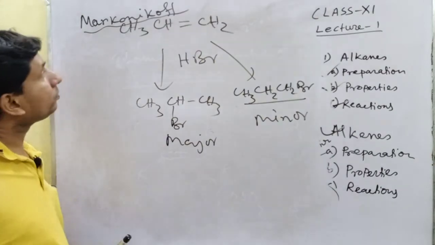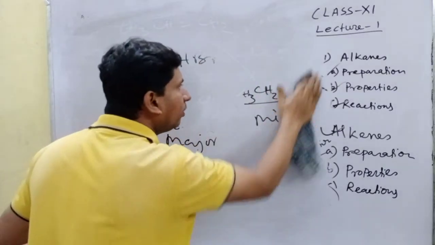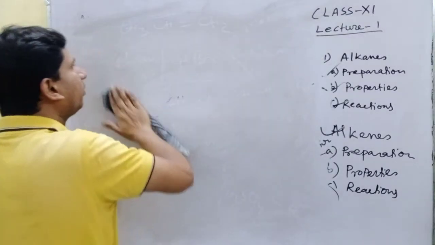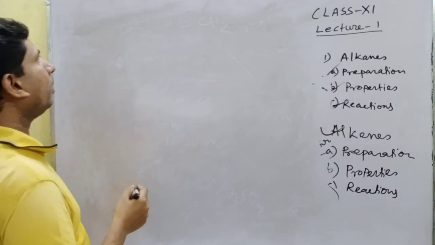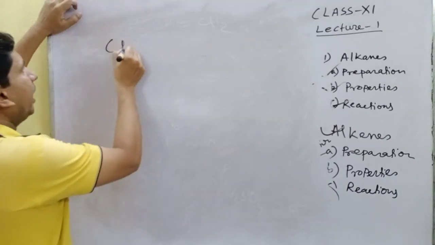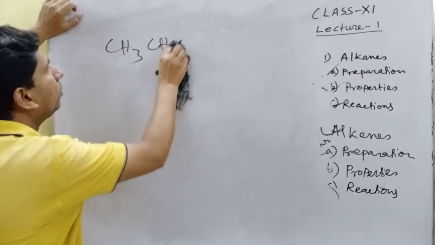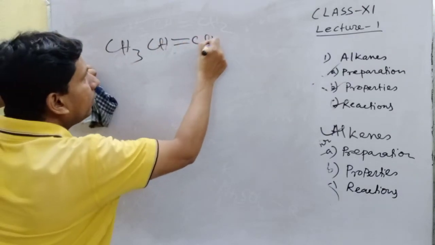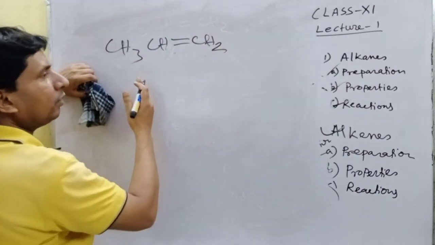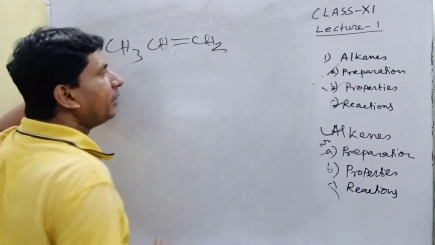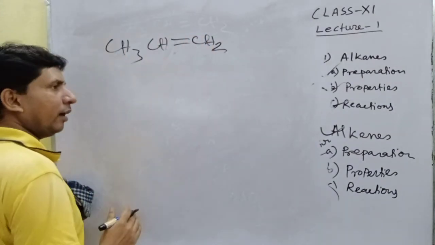According to the Markovnikov rule, in addition of HBr or a polar compound to an asymmetric alkene, this is an asymmetric alkene. Why is it asymmetric? Because we can't divide this equally. There is a double bond on one side, but no double bond on the other. So this is an asymmetric alkene.